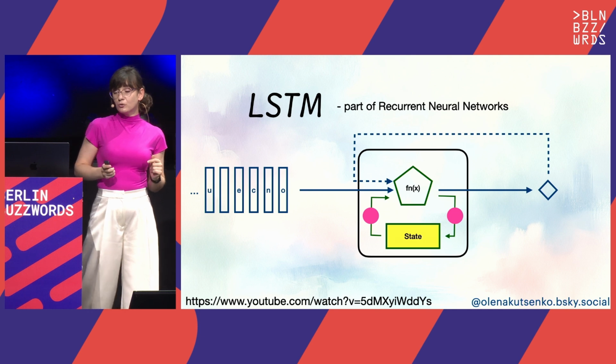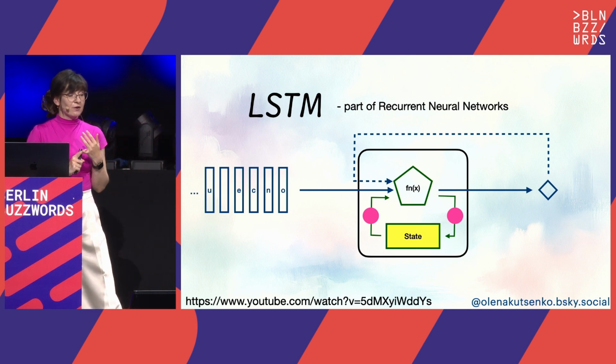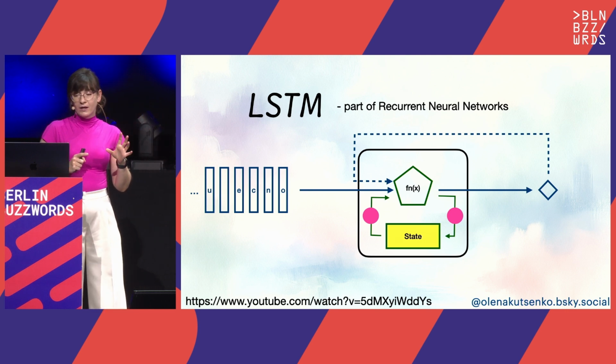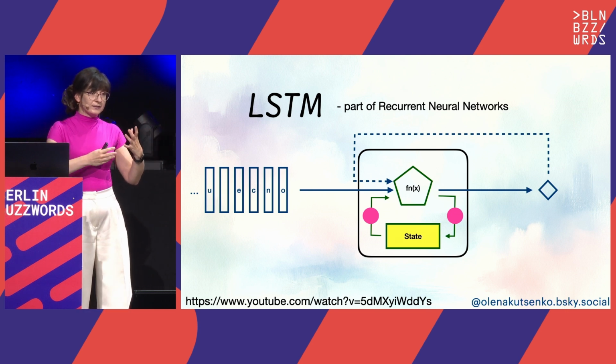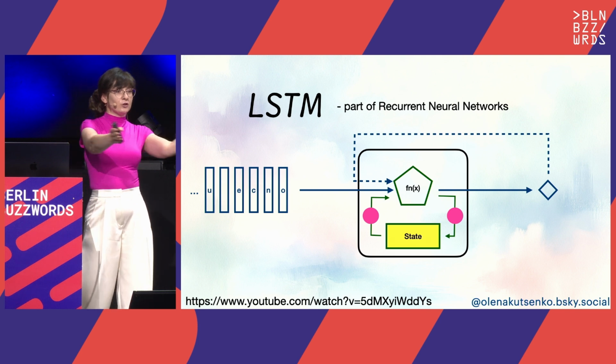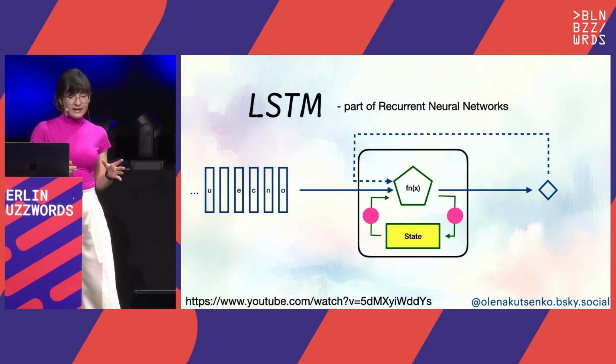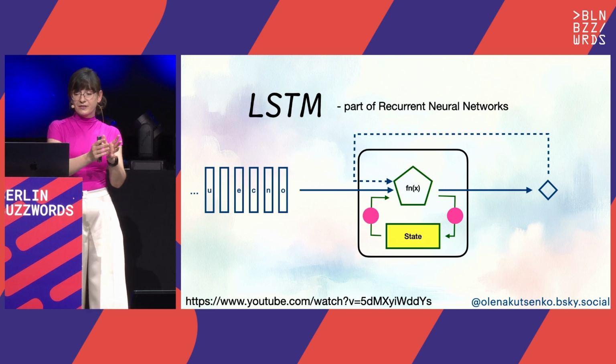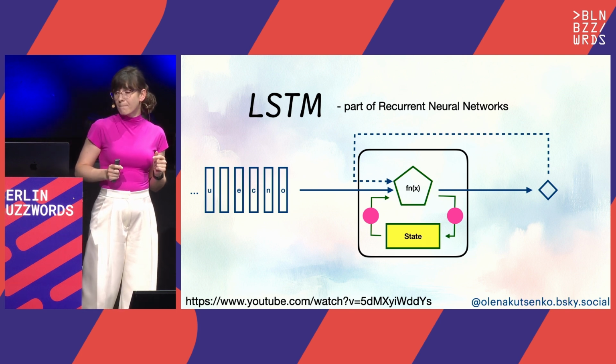For this, we use gates. We have an input gate: when we want to add a new memory, the input gate opens. We have a forget gate, which opens when we want to forget something from our memory.